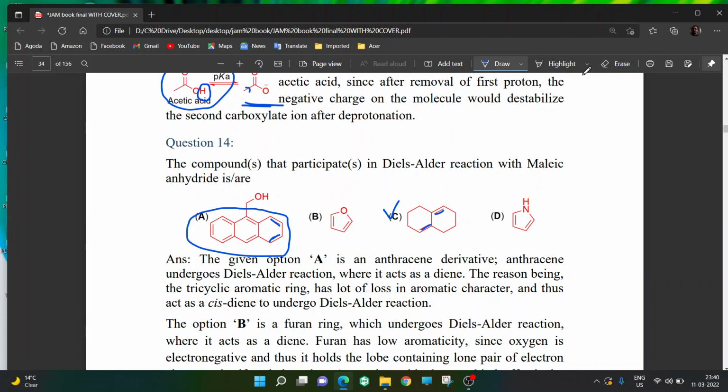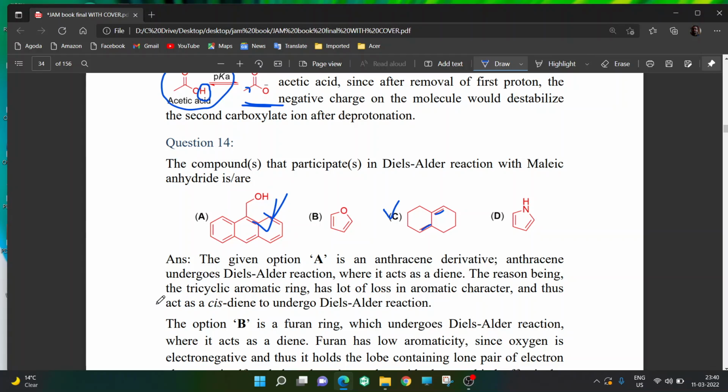See, Diels-Alder reaction is an addition reaction. Aromatic systems do not undergo addition reaction. They undergo what is called electrophilic substitution reaction. But here it can undergo, because such a big ring is there, aromaticity is reduced, and so it will undergo Diels-Alder reaction.